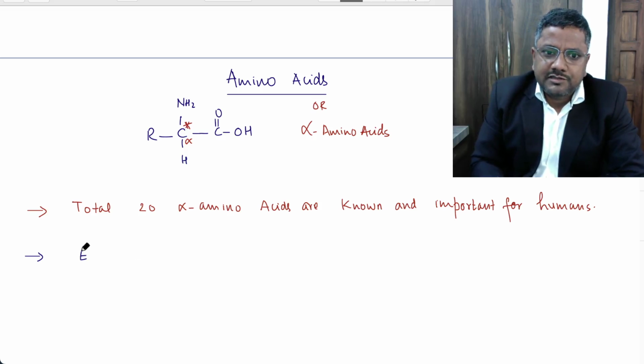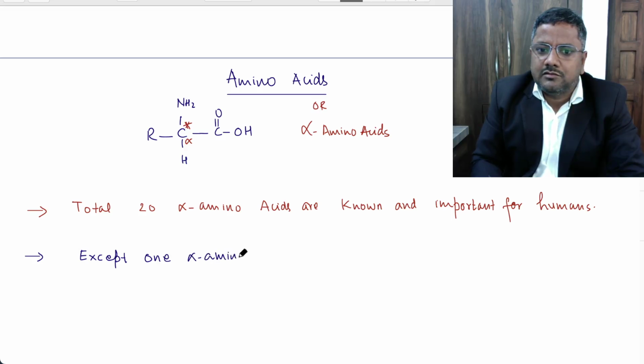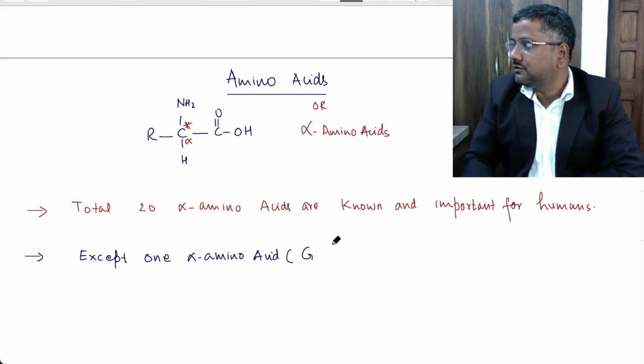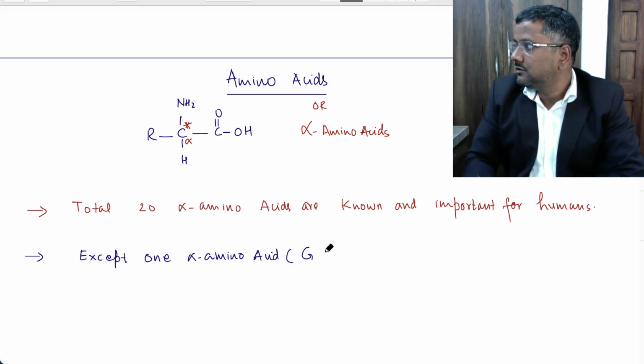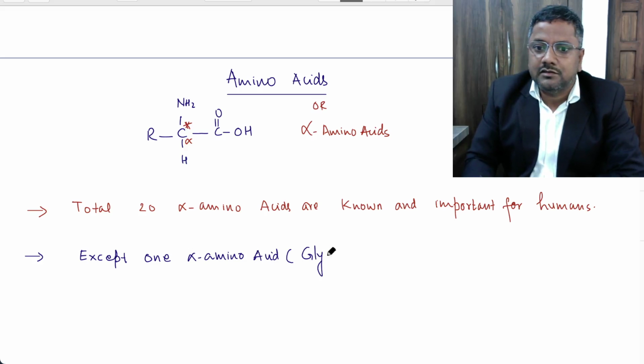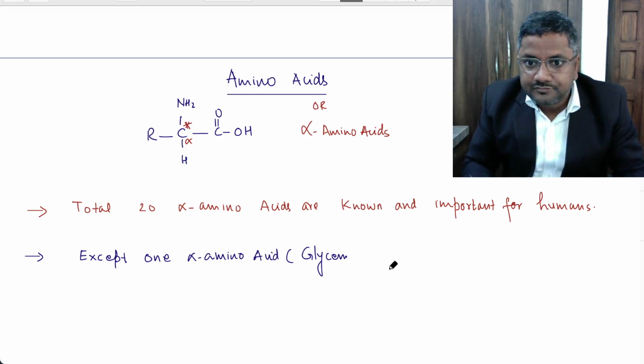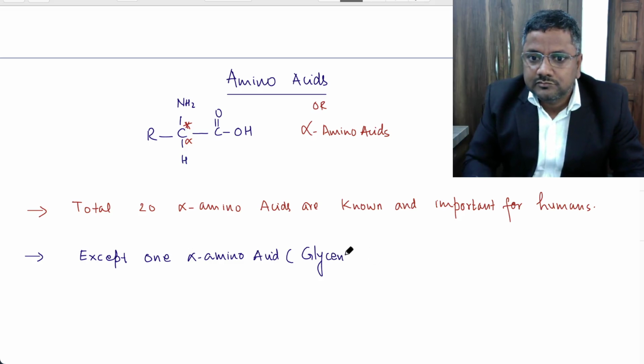Except one alpha amino acid, that is known as glycine, right? Except glycine, all are chiral.